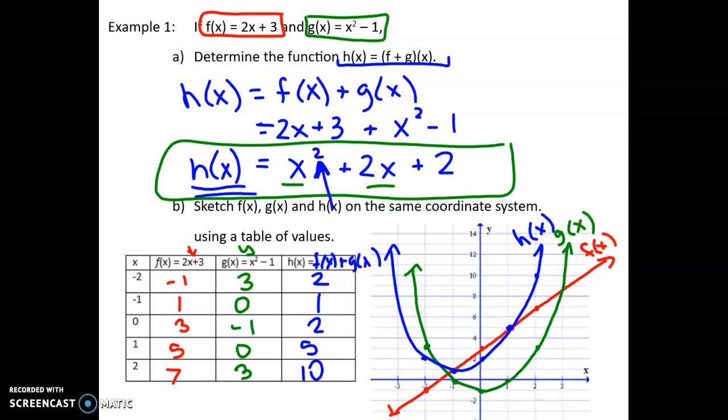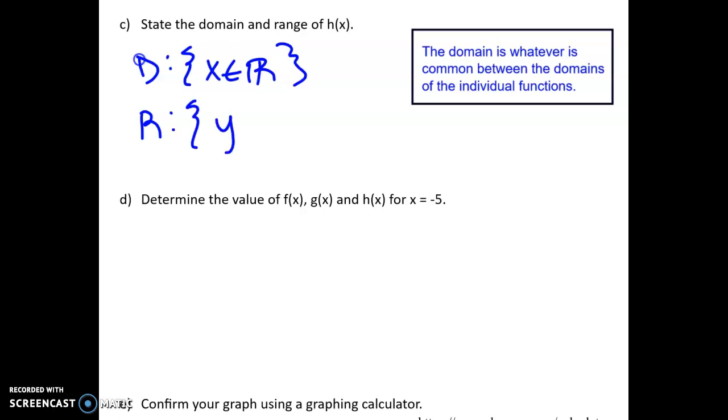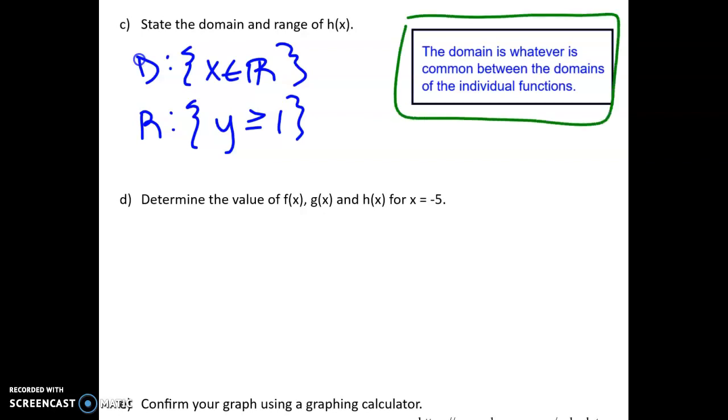Alright, now we need to find domain and range. So, looking at domain for these, the domain would be an element of real for h, because it is a parabola, and the range is going to be greater than or equal to 1. Now I want to just point this out right here. This says that the domain is whatever is common between the domains of the individual functions.